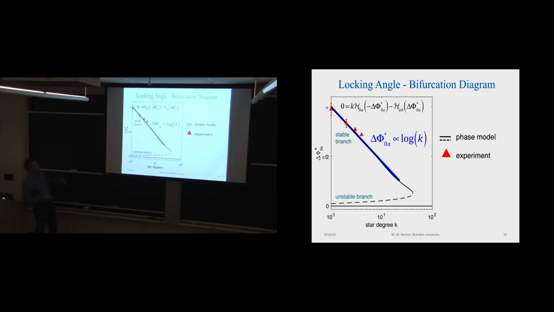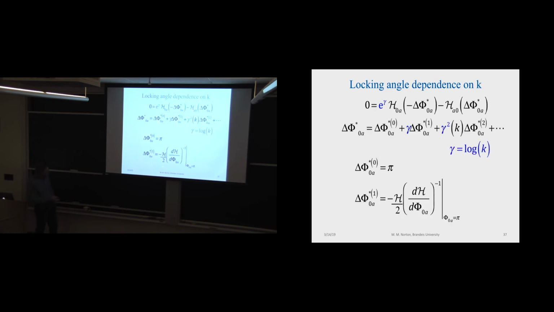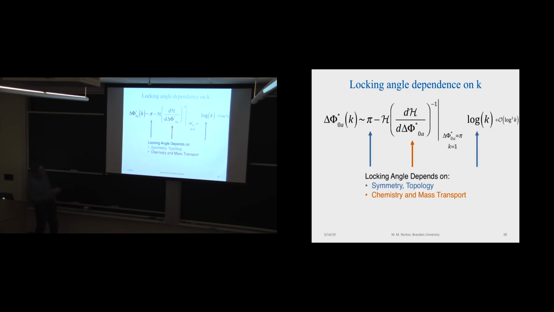So I thought, who does Taylor expansion in log k? That's ridiculous. Anyway, so then you get an analytic expression, and you go through it all, and then you get this analytic expression where this part is the topology, the log k and the pi comes from topology, and then all the chemistry is here.